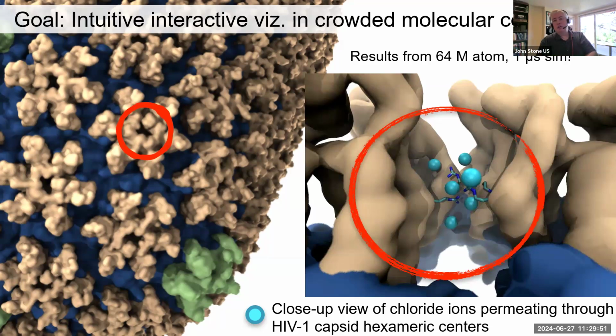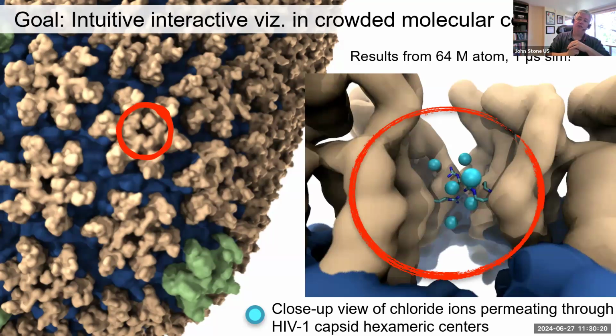One of the opportunities for things like head-mounted displays, VR headsets, is that they permit you to intuitively navigate the camera just by looking around, just by literally walking around in the scene or similar. Like here's a case where one of those small pores in a hexamer, there are ions that transport through there.